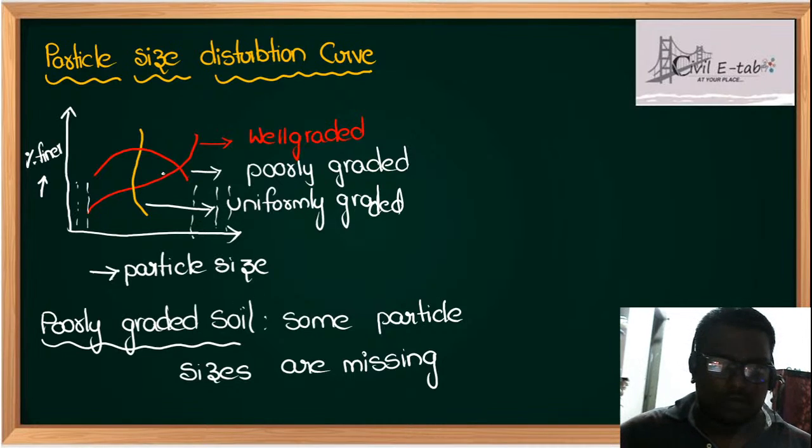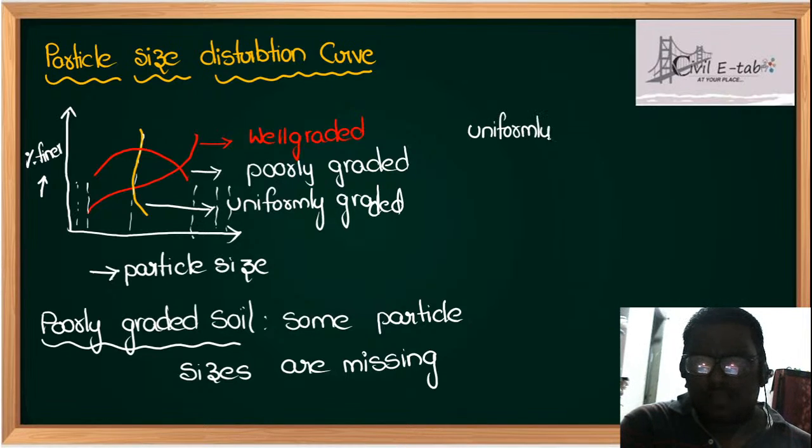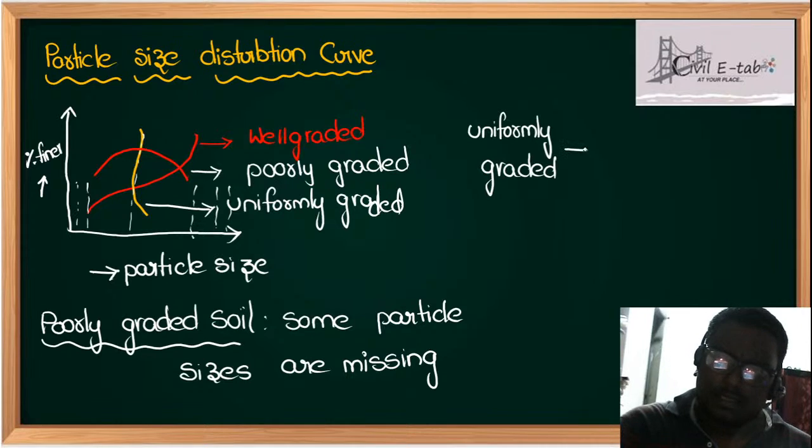And one more thing I want to tell you, students, is that in uniformly graded soil, if you observe, it is almost like a straight line. So in uniformly graded soil, all the particles are of the same size. Please remember, students, in uniformly graded soil all the particles are of the same size.